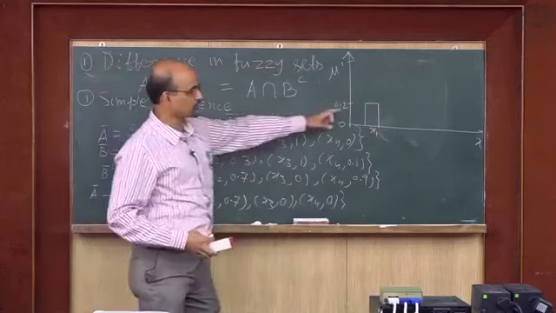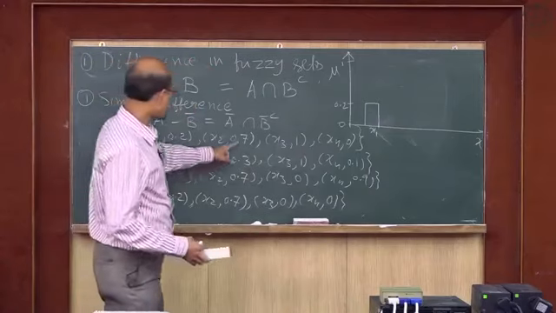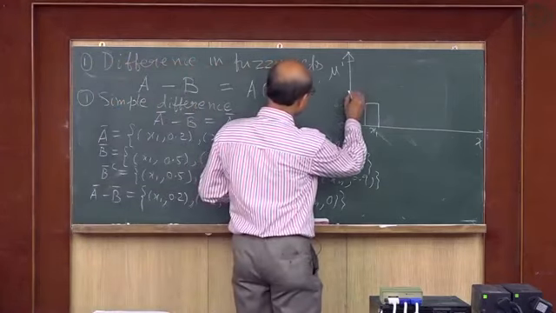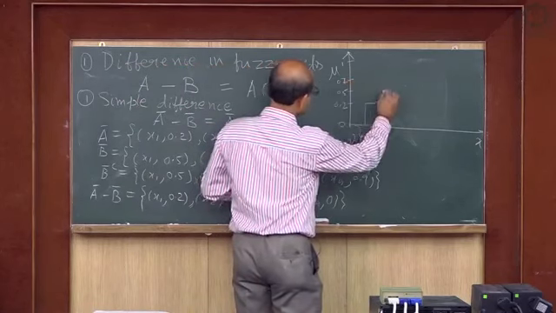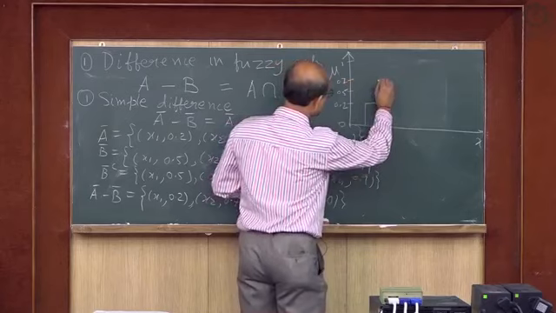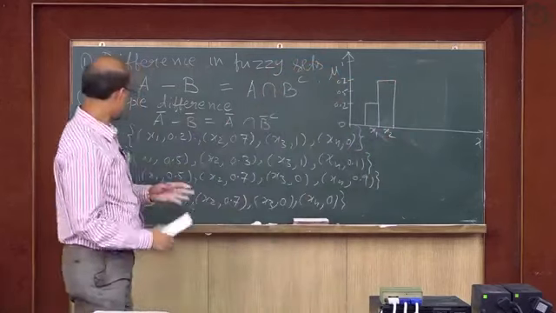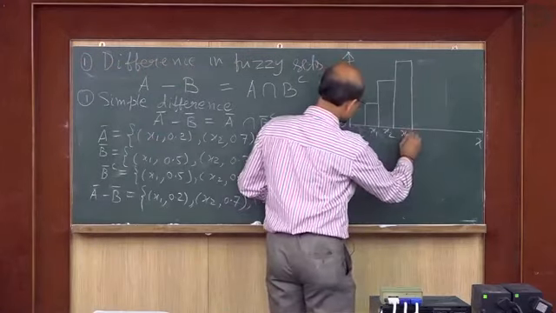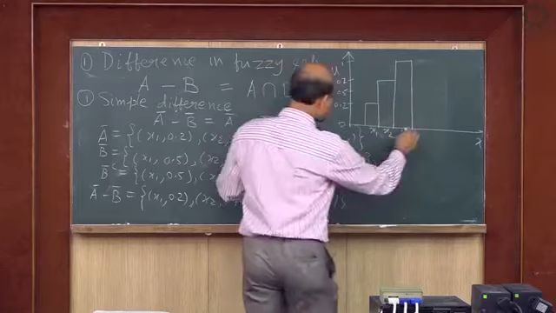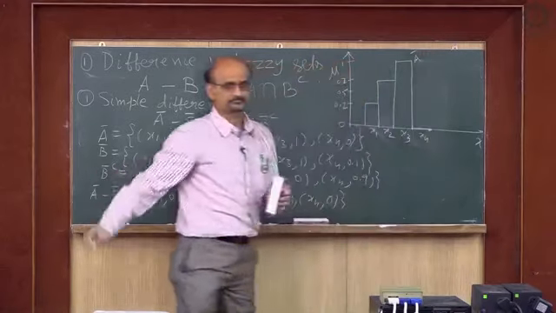It is going up to 0.2, x2 0.7. So, x2 is going up to 0.7, okay. x3 is 1, this is your x3 and x4 is 0. So, this is your fuzzy set A bar.